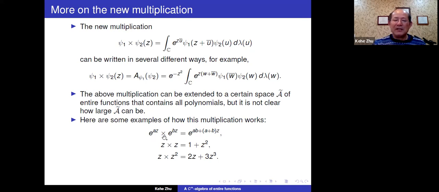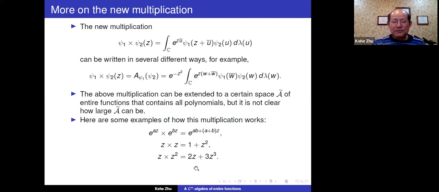If you compute e^(az) times e^(bz), it is the usual multiplication. The usual multiplication will give you e^((a+b)z), but you get an extra constant, e^(ab). And if you do z times z, you get the usual z squared, but you have a constant 1 coming up. And if you do z times z squared, you get the usual z cubed, but with a multiple 3, and you have another linear term.